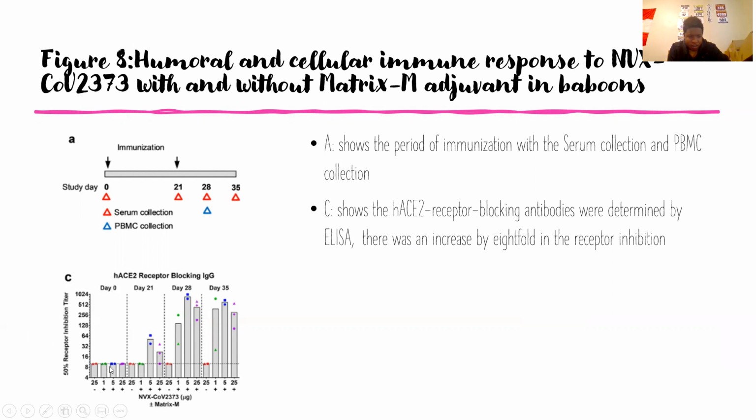If you look here at day 0, it's only measured at 8. Then at day 21, it is measured to have up to 64, which is a times 8 increase. Then from day 21 to day 28, there's another times 8 increase from 64 to 512.